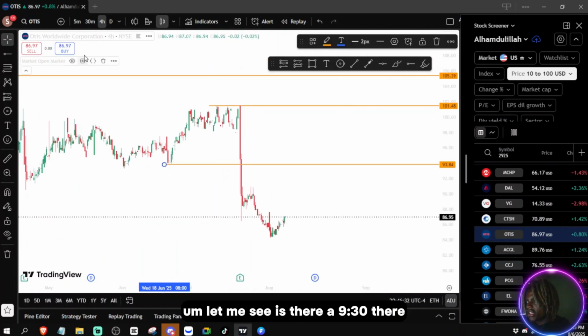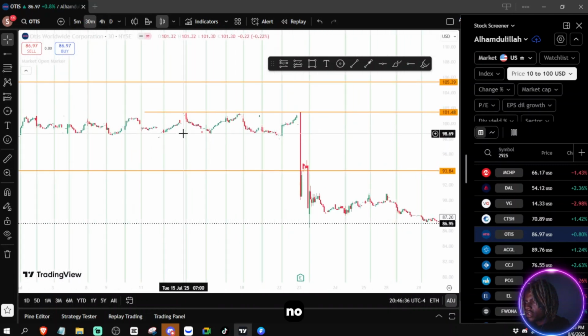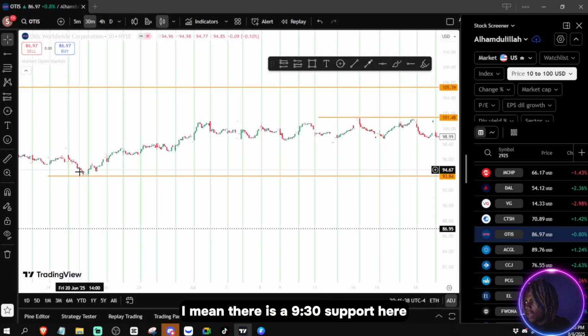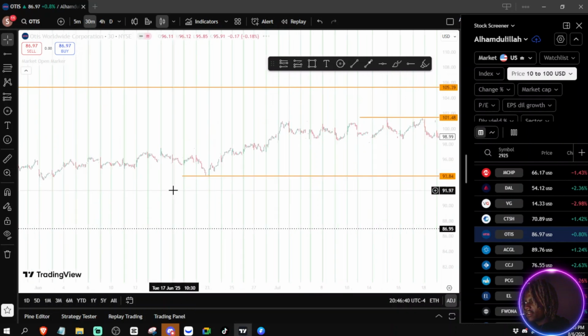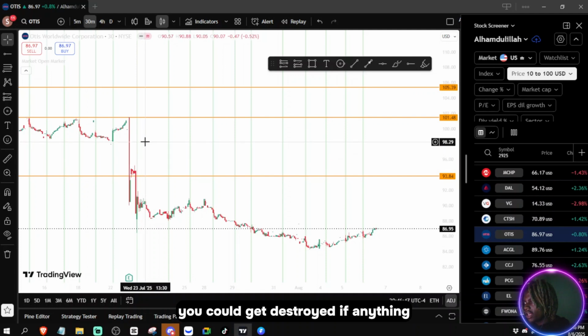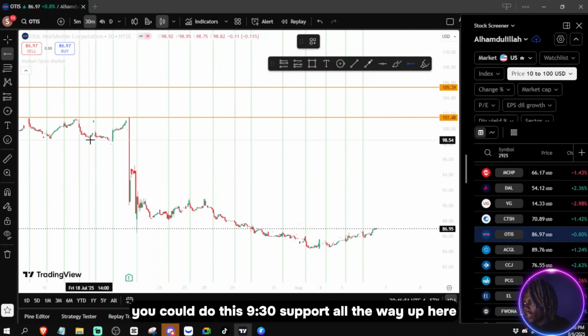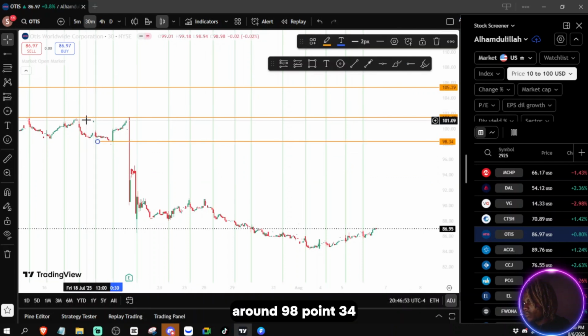Let me see, is there 930 there? No. I mean, there is a 930 support here, but if price wants to reject that resistance, you could get destroyed. If anything, you could do this 930 support all the way up here, around 98.34.